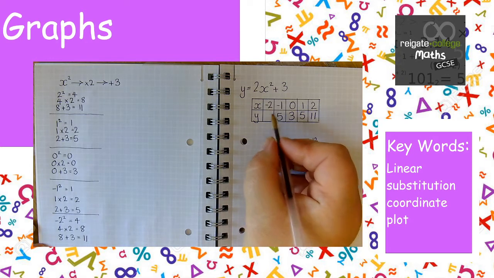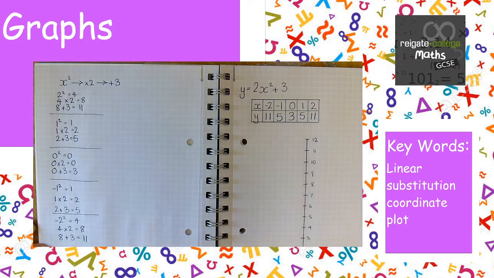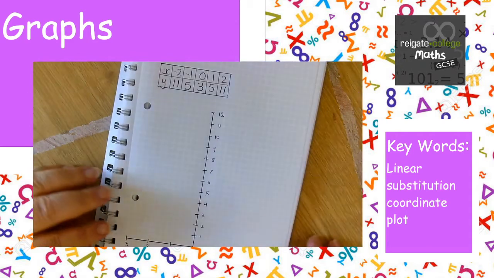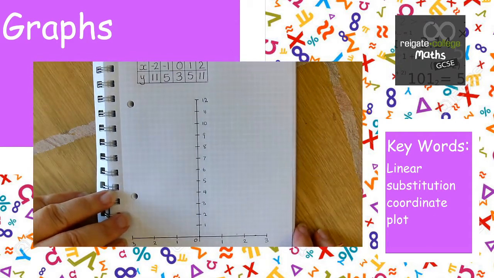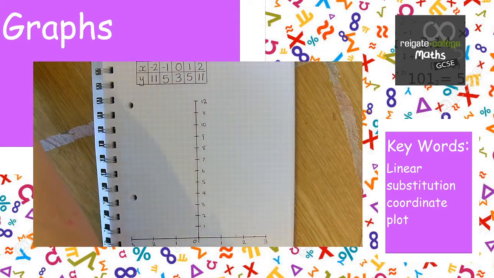Where x is minus 2, y is 11. So there's my full table of values. I'm now going to move over to my grid and I'm going to plot the values. Swap for my pencil.